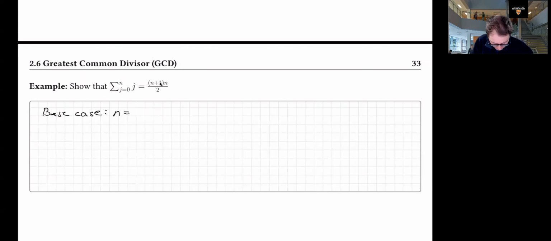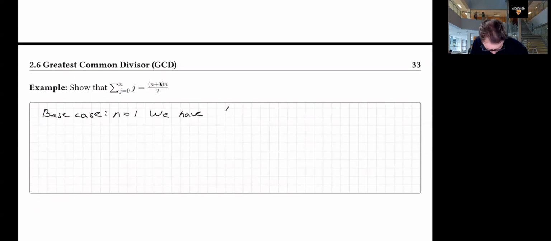I'm going to show it for my base case as n equals 1, because n equals 0 is not interesting. The left and right hand side are 0. But for 1, we have the sum from 0 to 1 of j, which just equals 1, which equals 2 times 1 over 2, which equals (n plus 1) times n over 2.